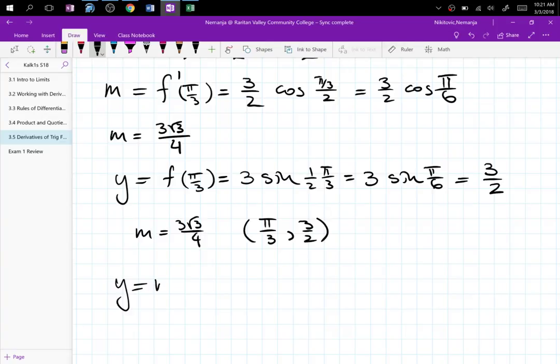I don't have to multiply by 4. I have b already. So b is equal to 3/2 minus √3 pi over 4. Now, to get the common denominator 4, you just need to multiply this, so it's 6 minus √3 pi. So what is the equation of the tangent line? Y equals 3√3 over 4 x plus 6 minus √3 pi over 4. That's the equation of the tangent line.